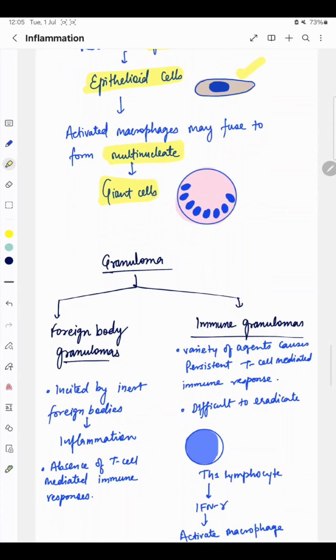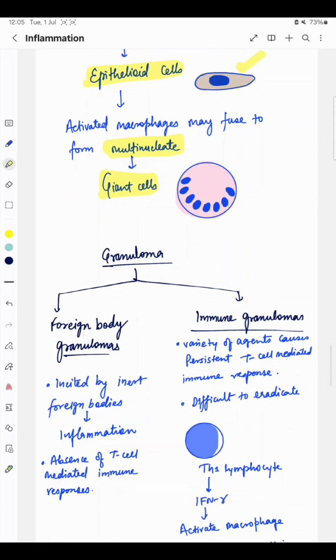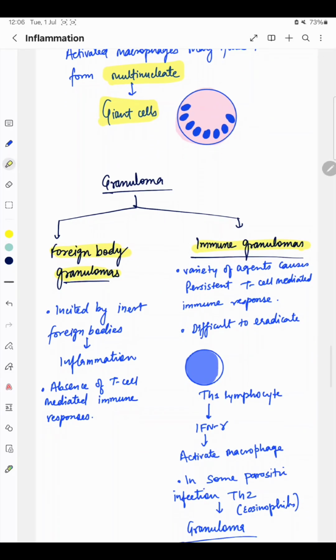Granulomas can be of two types: foreign body granulomas or immune granulomas. Foreign body granuloma is incited by inert foreign bodies which result in inflammation. There is an absence of T cell mediated immune responses.